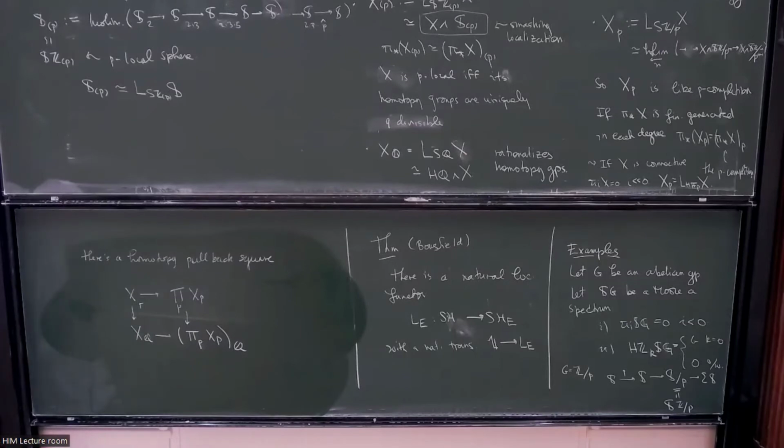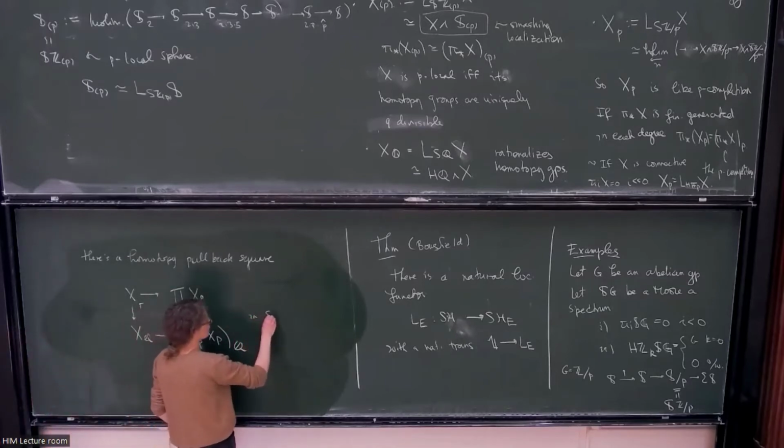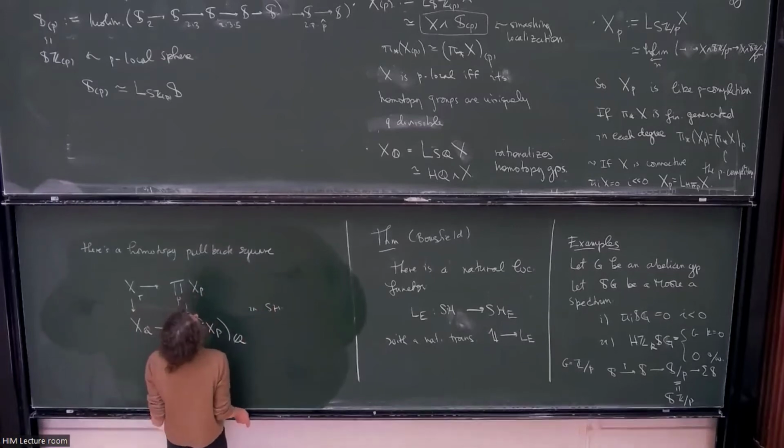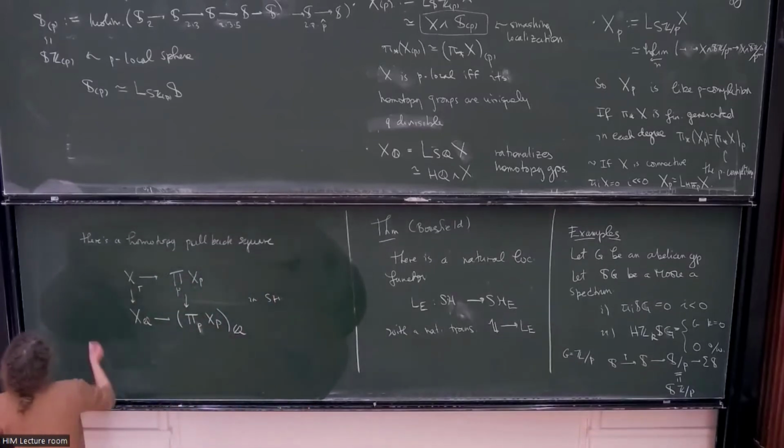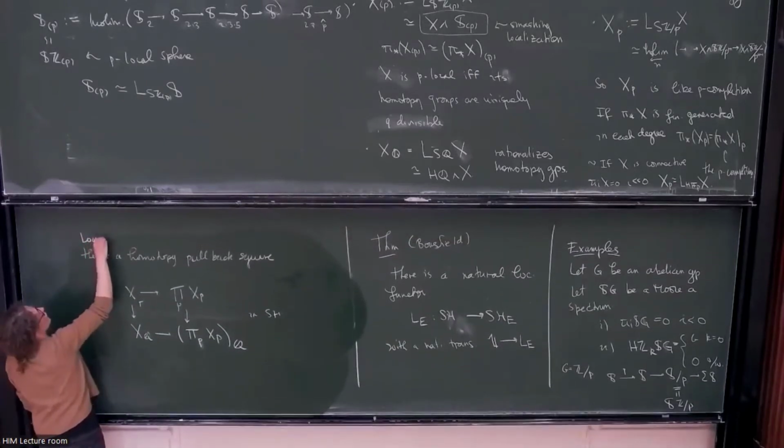Okay, so if you don't know what a homotopy pullback square is, one thing it buys you is Mayer-Vietoris sequences on homotopy groups. So I guess this is like local to global.